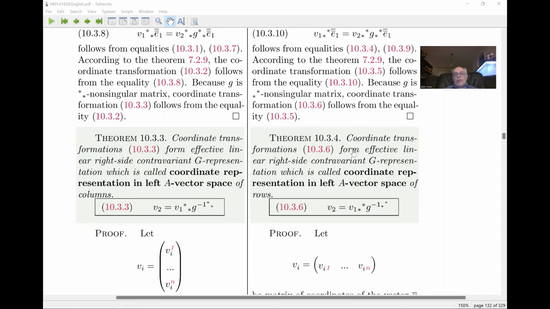Similar theorem, coordinate transformation 3.6 is an effective linear right side contravariant G representation, which is called coordinate representation in left a vector space of rows.